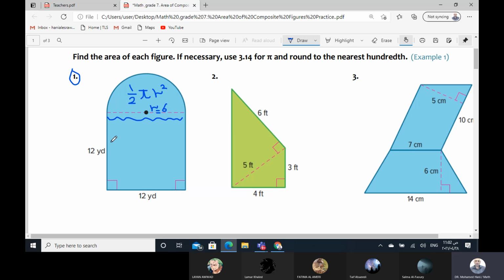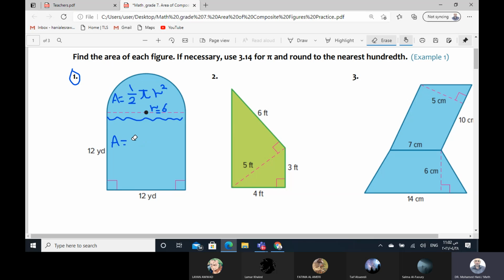Then down here we have rectangle. As you remember, the area of the rectangle will be length times width. We have the length here the same, which means this is not rectangle, this is what?